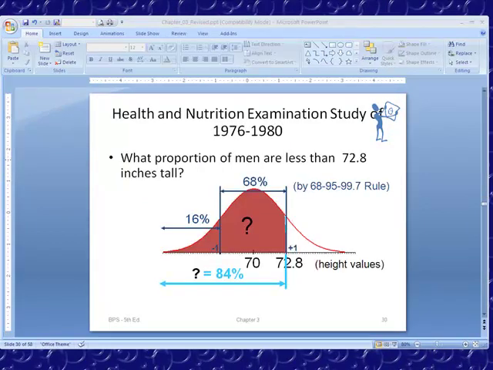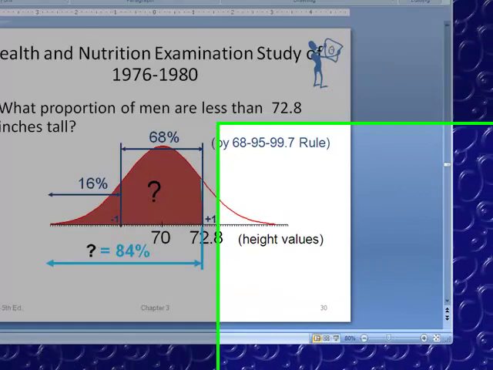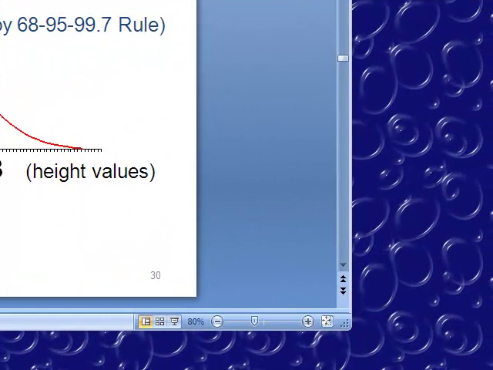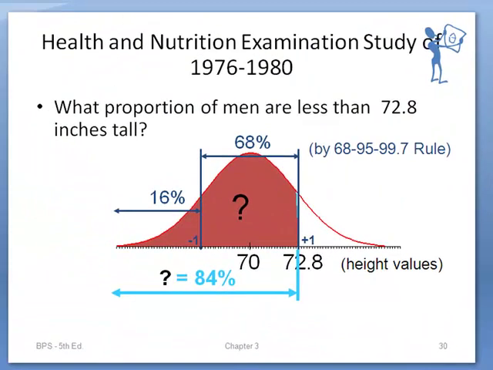But the question can be posed in other ways. So what if they said, what proportion of men are less than 72.8? Well, we've got to figure, how many standard deviations is 72.8? In the last slide, we saw that 72.8 was one standard deviation above the mean. So how do we get that?